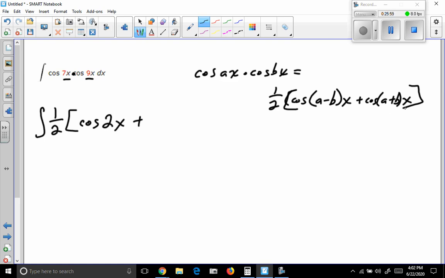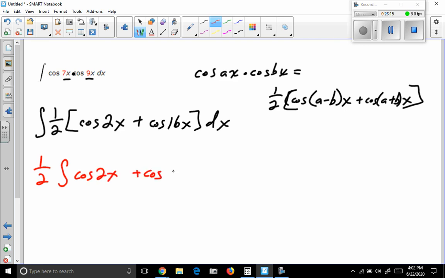Plus, add the angles, so 7x plus 9x, which is 16x. So 1/2 goes in the front, and then we're just going to integrate cosine 2x, integrate cosine 16x, and add those together.